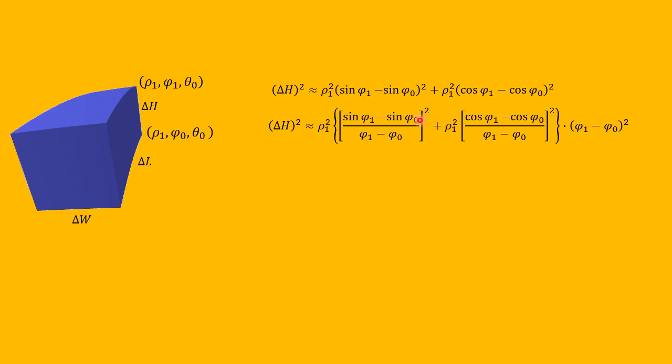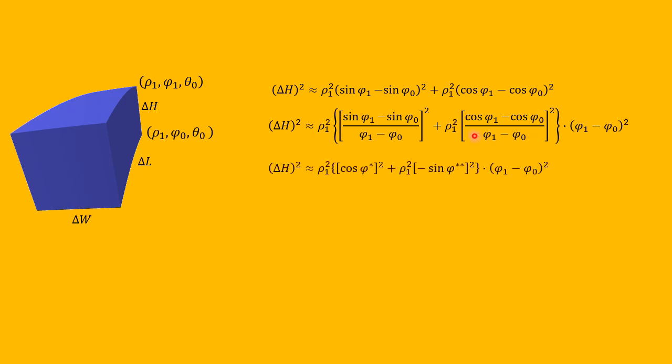Now, we can write this part right here and this part right here by the mean value theorem as what? If we divide this stuff squared by phi 1 minus phi naught squared, and then multiply by phi 1 minus phi naught squared on the outside, we can see that what we have up here is equal to what we have down here.